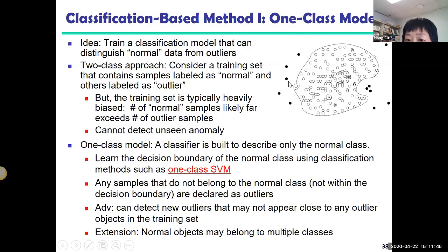You can decide how many things you want to include, and how many things have to be put as outliers.